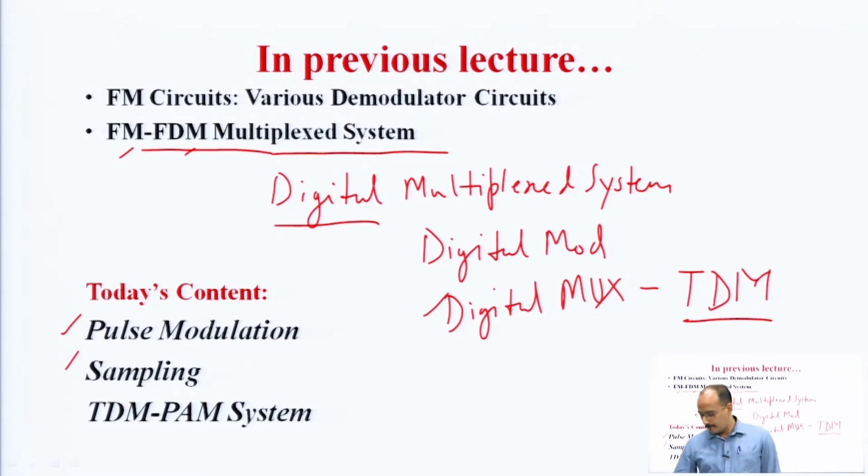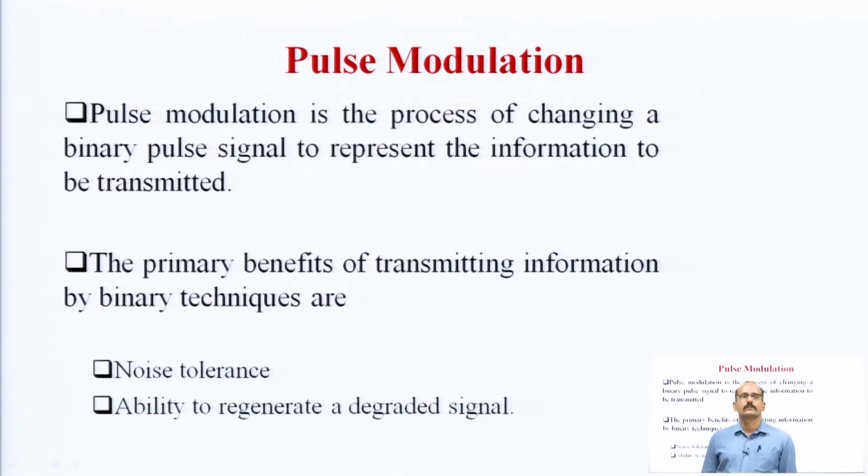Starting from pulse modulation, this is another type of analog modulation, but in pulse modulation we are using a pulse signal to modulate the message signal. Pulse modulation is the process of changing a binary pulse signal to represent the information to be transmitted.